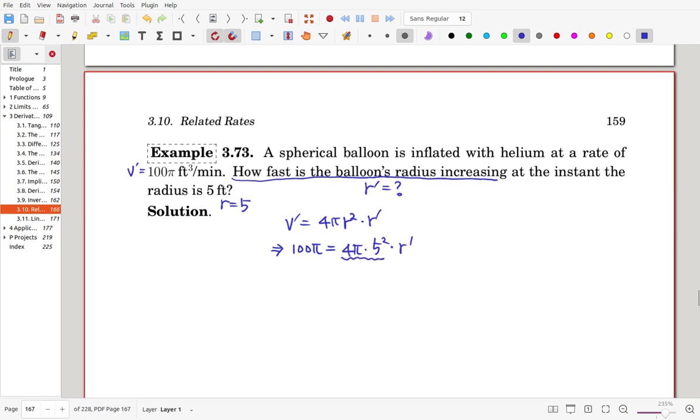This part is 100 pi, so that we can reach here r prime equals 1. Of course, that is feet per minute. So r prime is 1. We can find it.